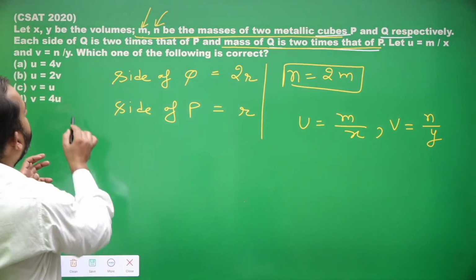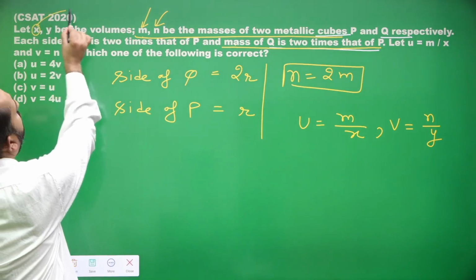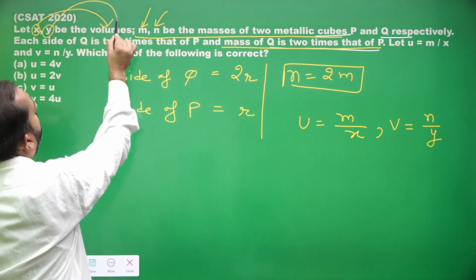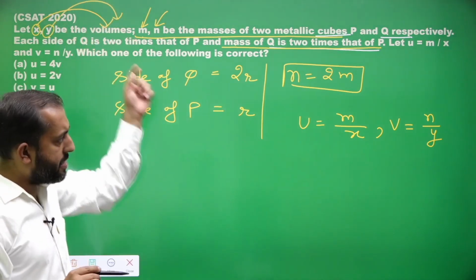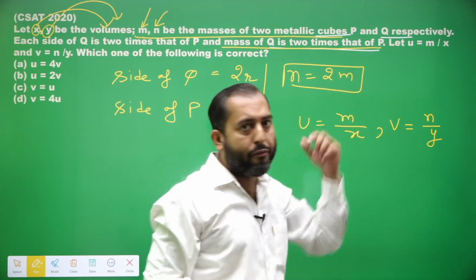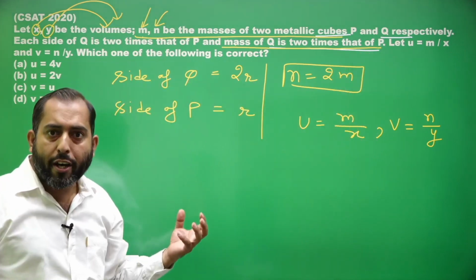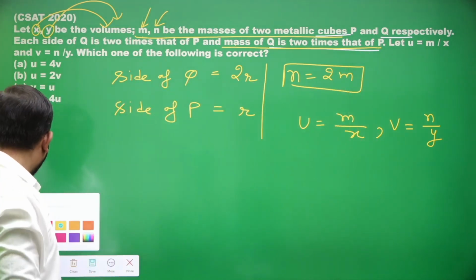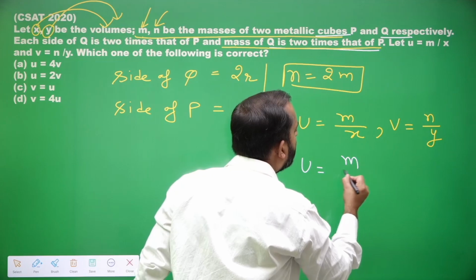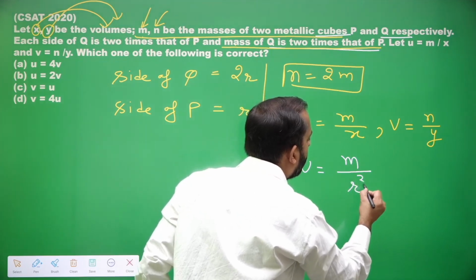Now, what is X? X was the volume of P and Y was the volume of Q. We know it from the very first statement. Both P and Q are cubes. So volume of P, that is X, should be equal to R cube.